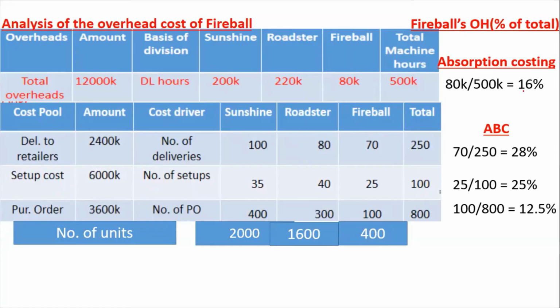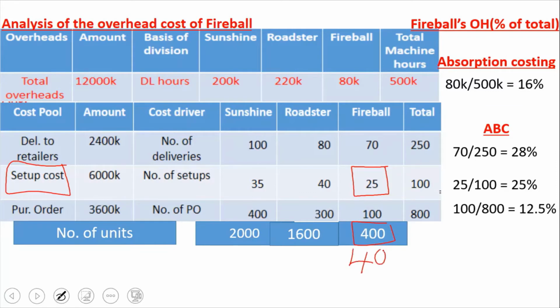Let's see. Focus your attention on the setup cost. There are 25 setups for the Fireball, and how many units are we producing? 400 units. So for each setup, you are making 400 divided by 25, just 16 units. And as for Sunshine, we are having 35 setups, and how many units are we manufacturing? 2,000 units.